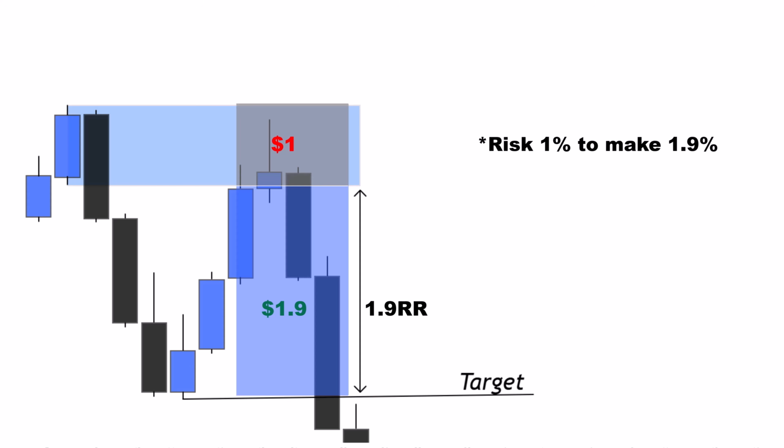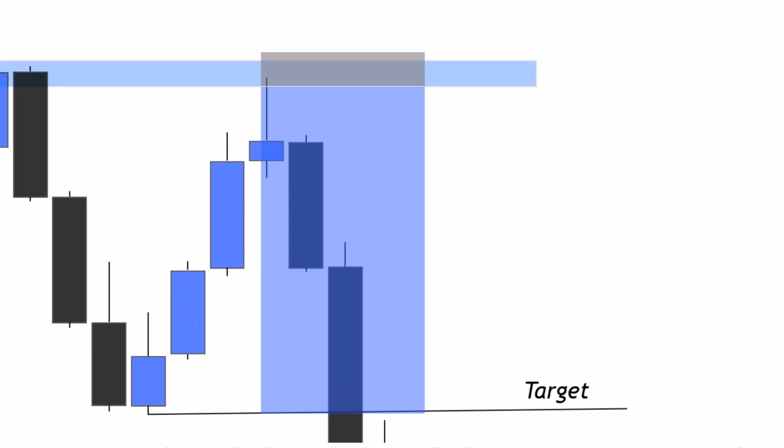And if you take trades like this all of the time, yes, you can be profitable, but you're kind of on the edge because the risk-reward isn't that great. This is the same exact trade, same exact target, same selling area.